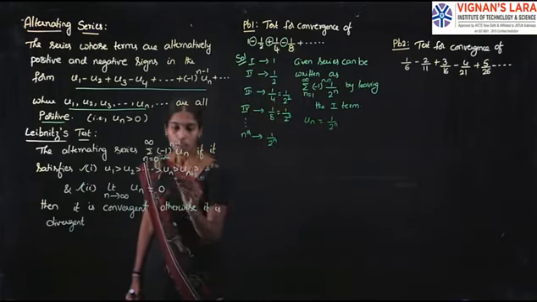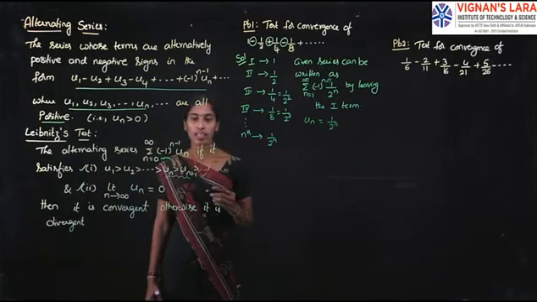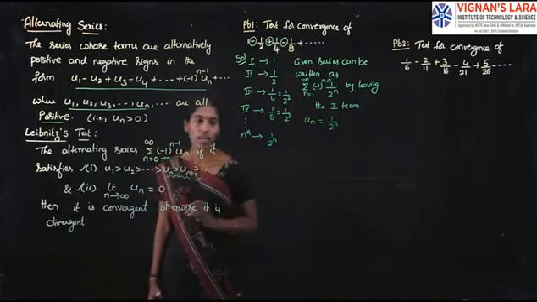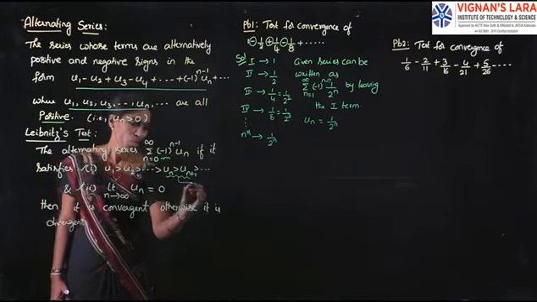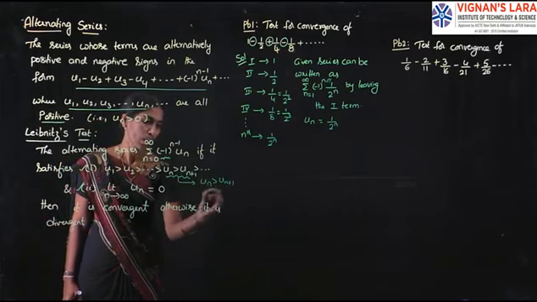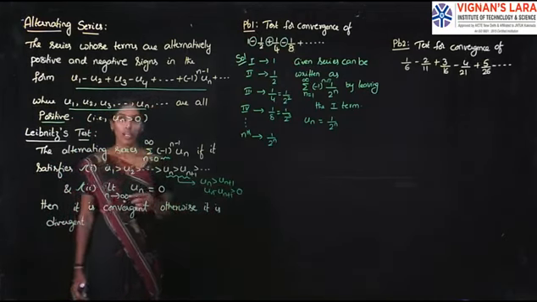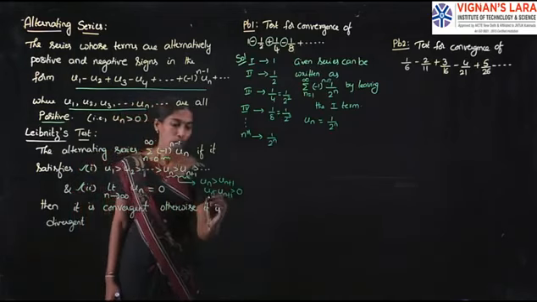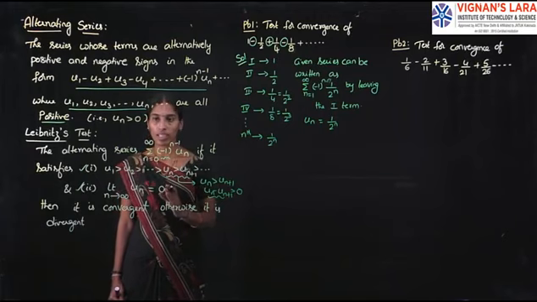To check the first condition, the easy task is Un greater than Un plus 1. In other words, Un minus Un plus 1 greater than 0. So the easy task is to consider Un minus Un plus 1. If it is more than 0, then our condition is satisfied.